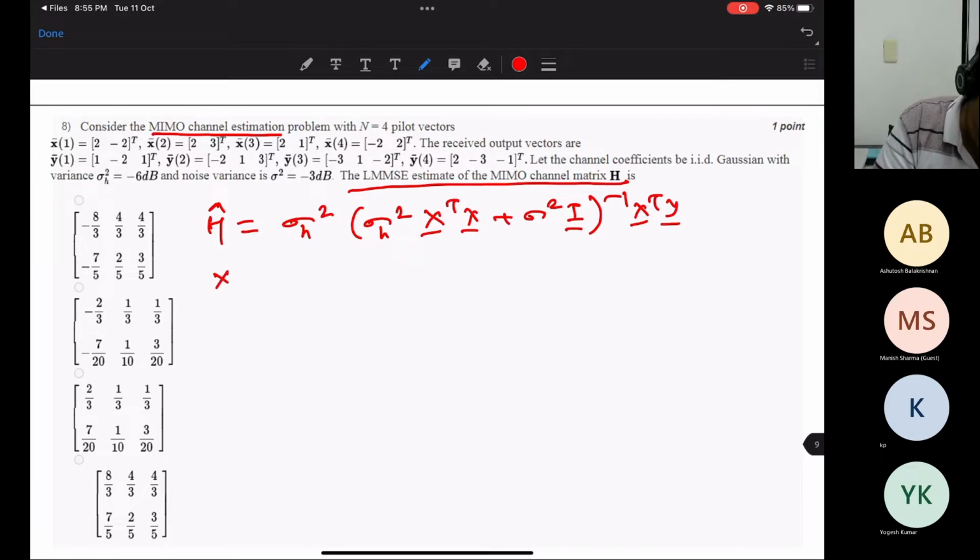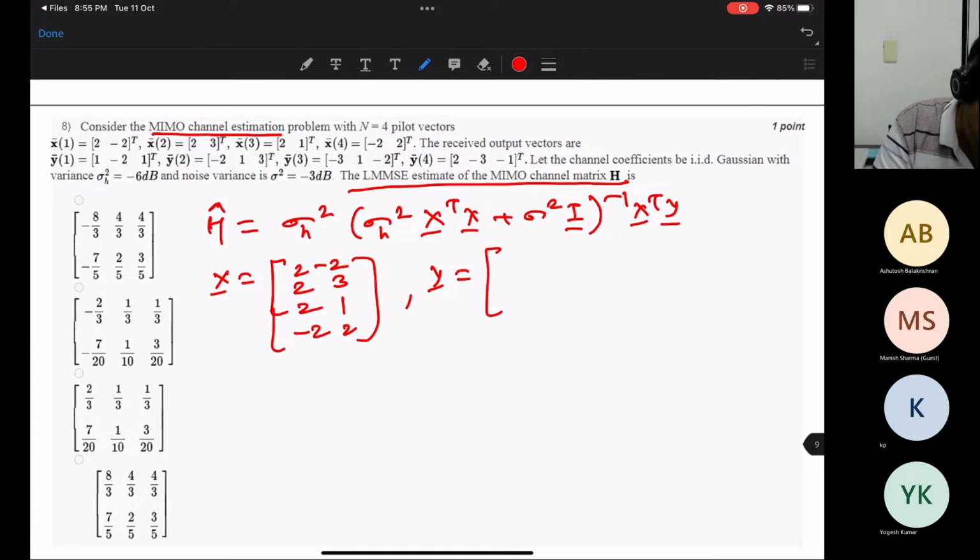And what is X? We have X as 2, -2, 3 ... 1, -2, 2. And Y is basically 1, -2, 1, -2, 1, 3, -3, 1, -2, 2, -3, -1.